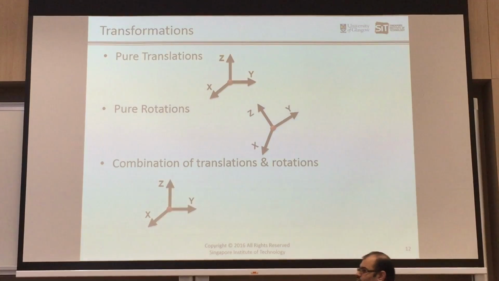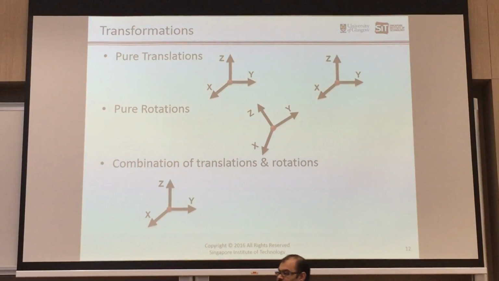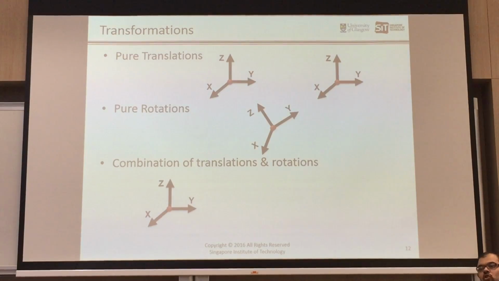Okay, what are the types of transformation that we can have? We can have pure translation or orientation. If it's a pure translation, what happens to the orientation matrix? Will there be any orientation in this pure translation? No. Later on I will share with you what it means by a pure translation.